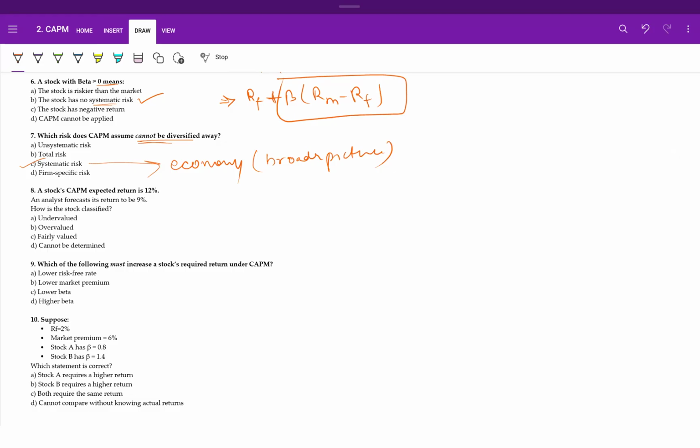Unsystematic risk is involved with the company, which is also the firm-specific risk. So total risk is systematic plus unsystematic. Systematic risk.